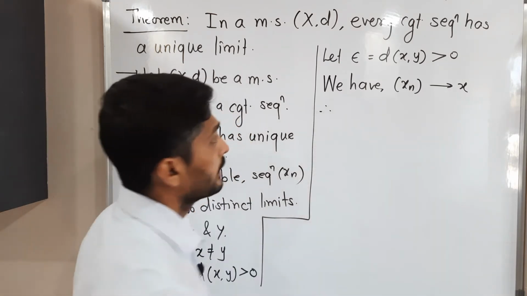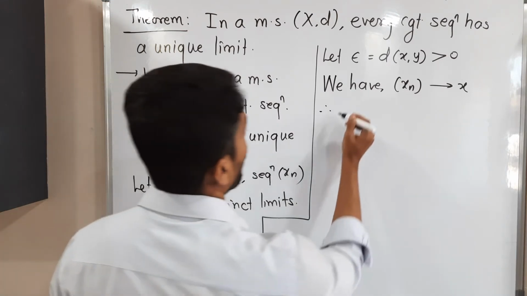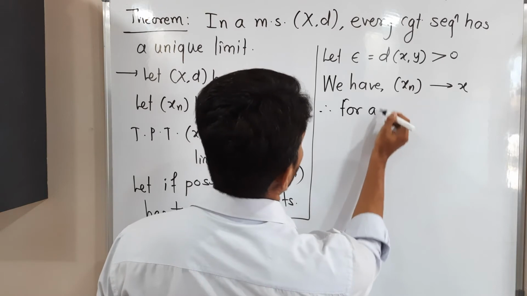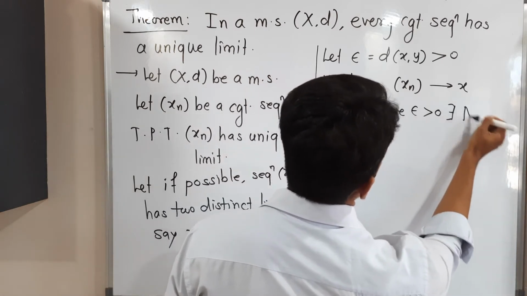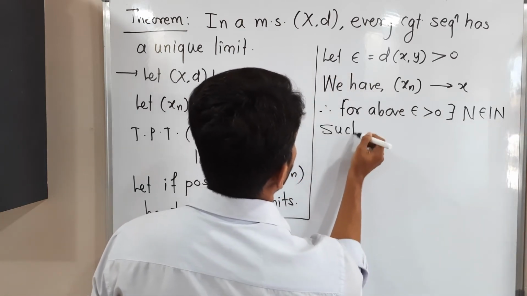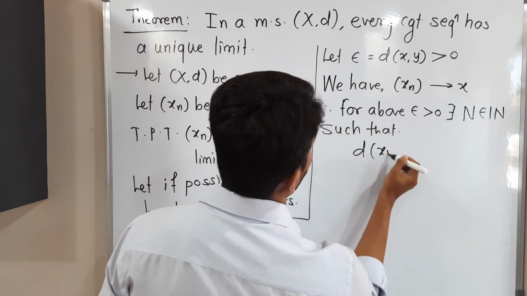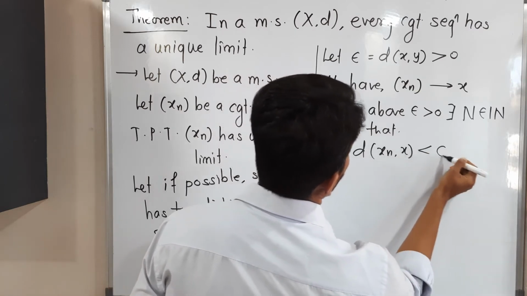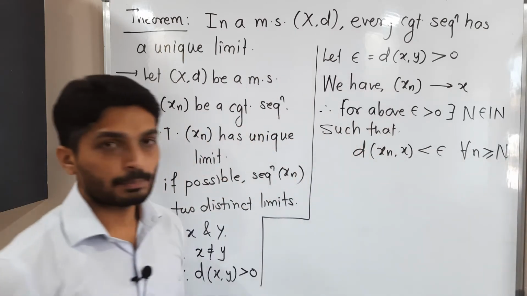Therefore, for given epsilon, but epsilon already we have assumed, so for the above epsilon greater than 0, there exists N belongs to the set of natural numbers such that by definition we can write d of xn, x less than epsilon for all n greater than or equal to capital N.